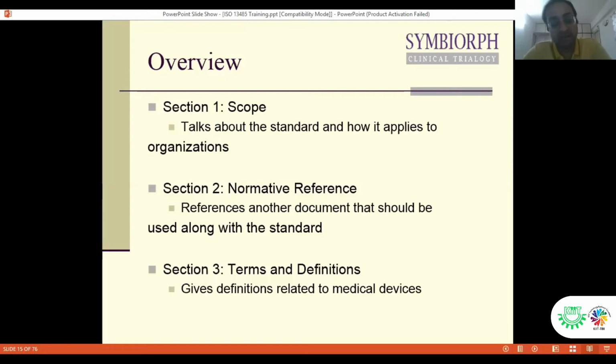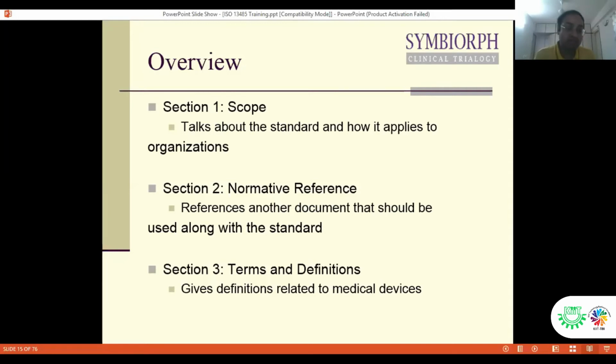Suppose a company is manufacturing a reusable surgical instrument. In that case, the scope will be design, development, manufacturing, distribution, and sale of reusable surgical instruments. You can also write its intended use, whether it is going to be used in gastroenterology, urology, or cardiology.